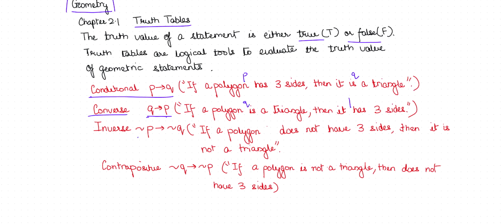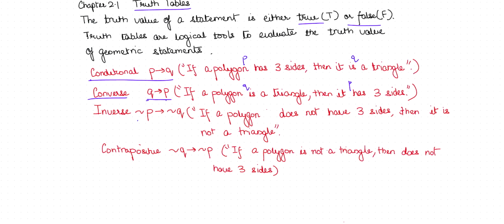And the inverse is not P and not Q. We know this is the sign of not, or negation. So if a polygon does not have three sides, then it is not a triangle.